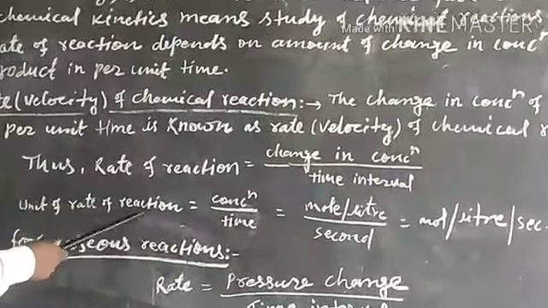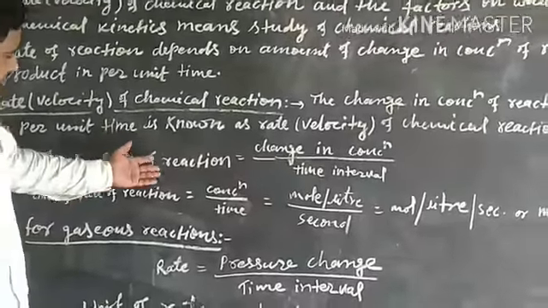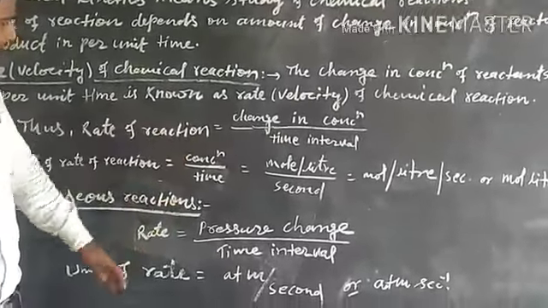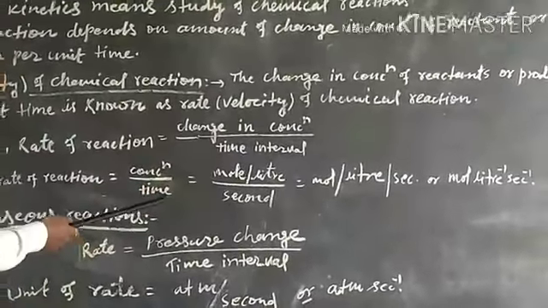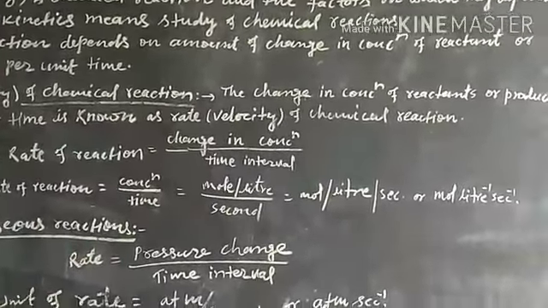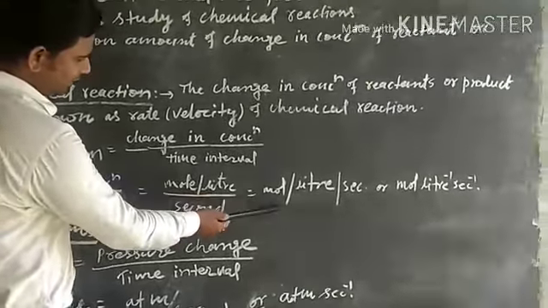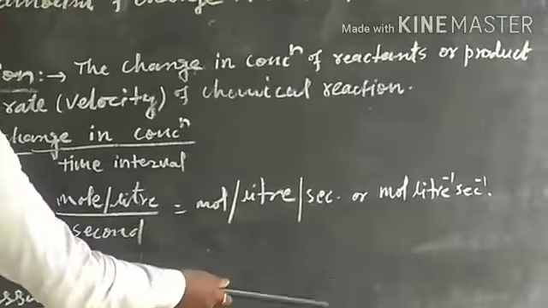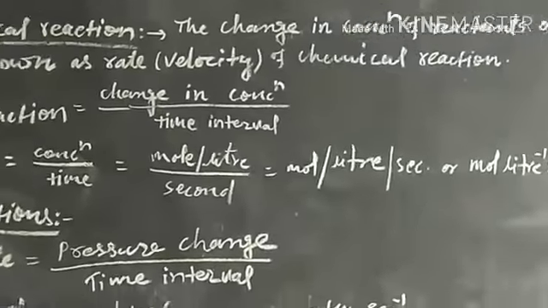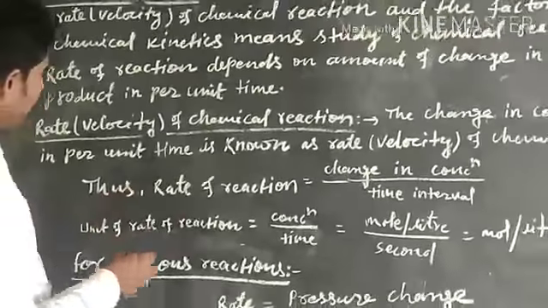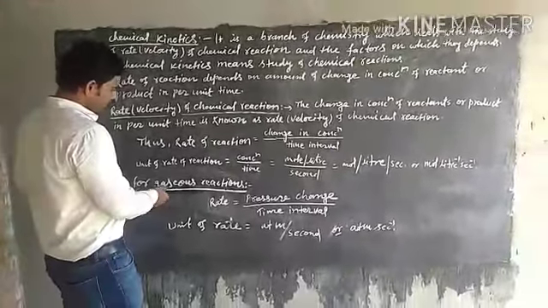Unit of rate of reaction. We know rate of reaction means concentration by time, and the unit of concentration is mole per liter and the unit of time is second. So the unit is mole per liter per second, also written as mol L inverse s inverse.